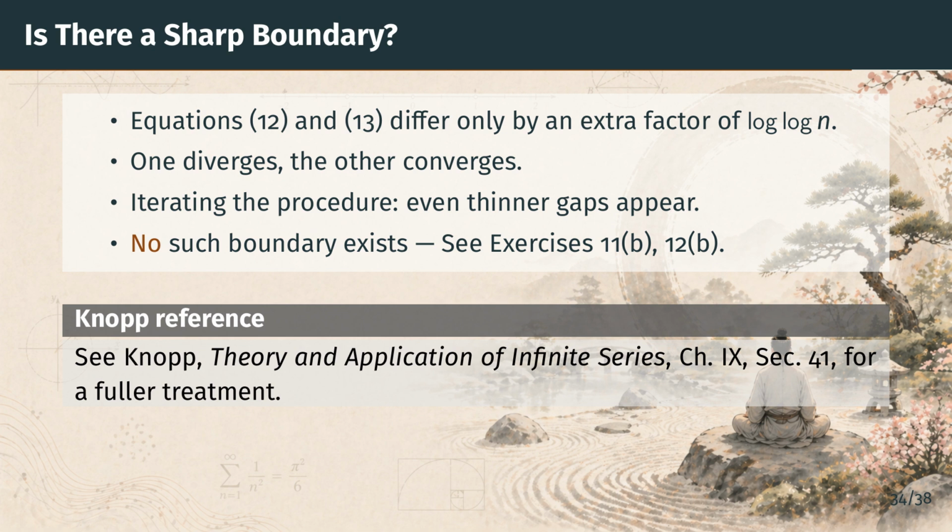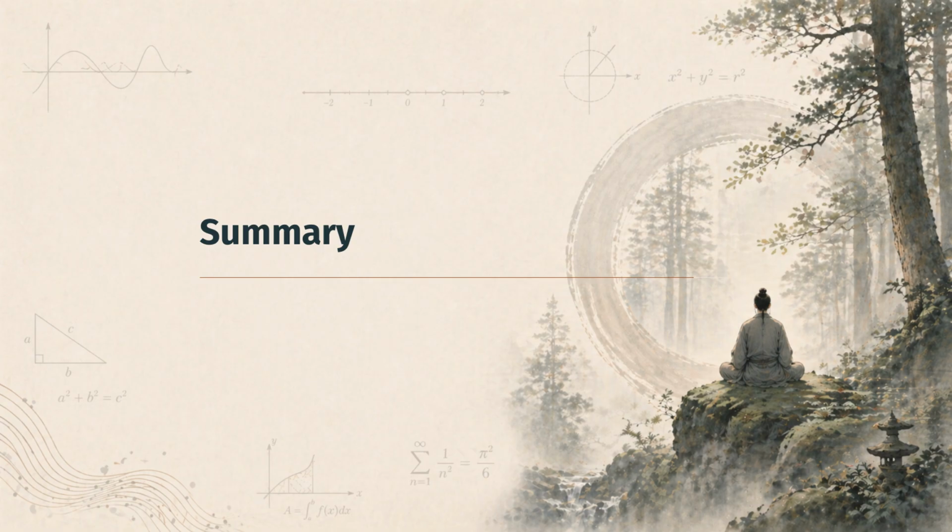Exercises 11 Part B and 12 Part B in this chapter sketch one way to make that statement precise. For a deeper discussion, Rudin points readers to Knopp's classic book on infinite series, particularly Chapter 9, Section 41.